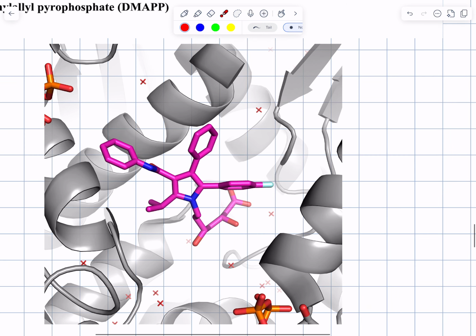But if I did, you would see that these groups are making contacts with other side chains, non-covalent interactions, hydrogen bonding, dispersion forces, and so on with groups in the enzyme active site. So that molecule binds in the place of the desired substrate, HMG-CoA, prevents it from getting reduced, and then that reduces the synthesis of cholesterol.